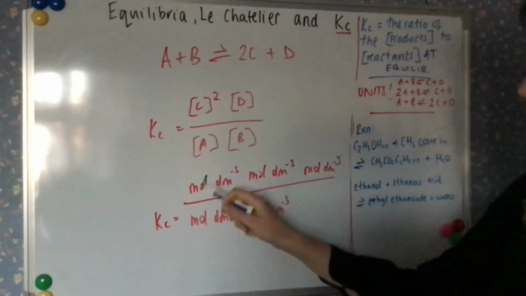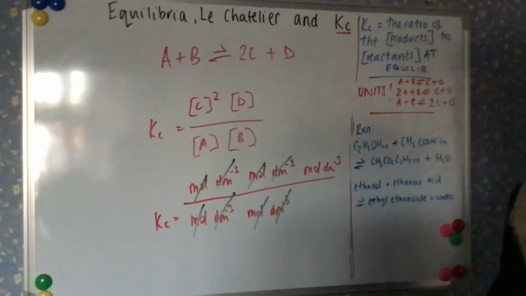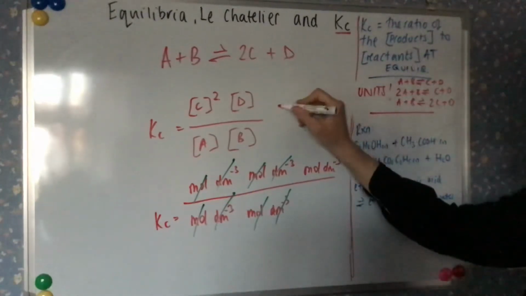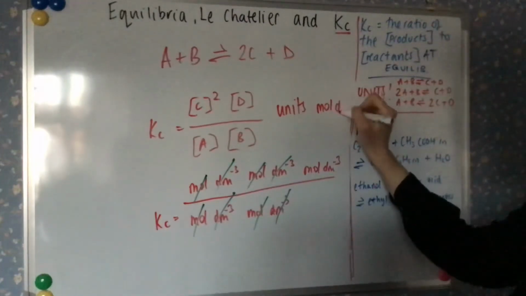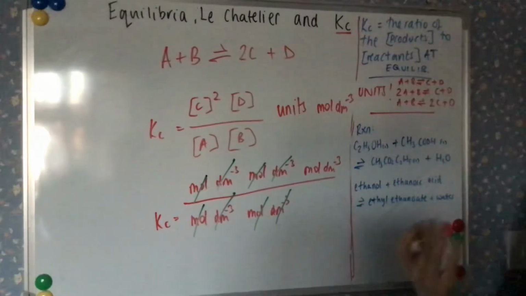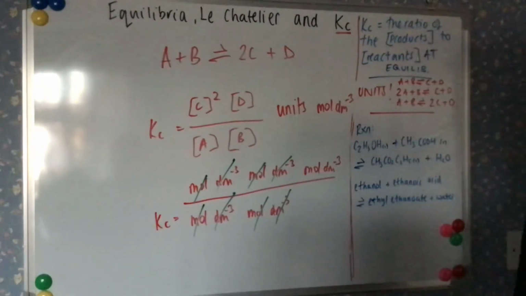So cancel everything that you can cancel. We're left with 1 moles per decimeters cubed. It's on the top of the line, so you don't have to do anything with it. So the units are moles per decimeters cubed, and that's the units of Kc. You'll get a number like 1.1 moles per decimeters cubed, and that's the units in that case.